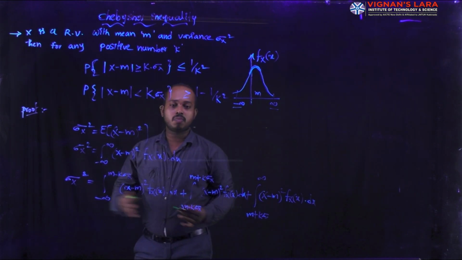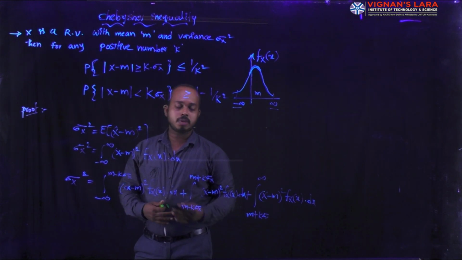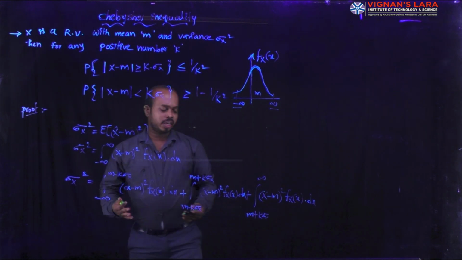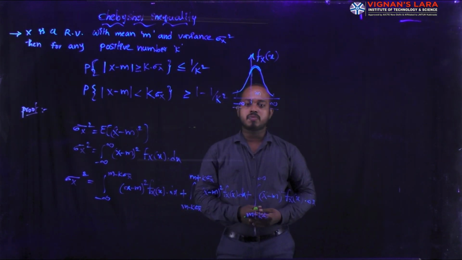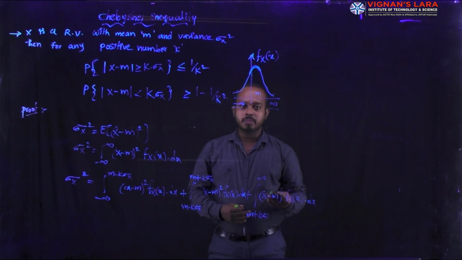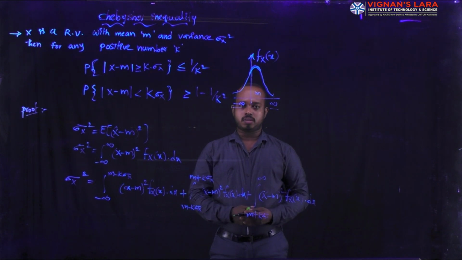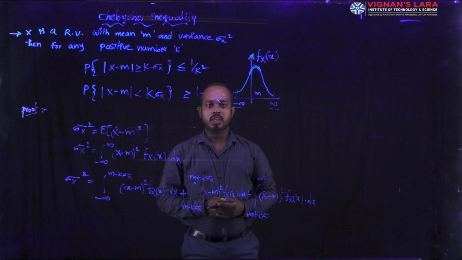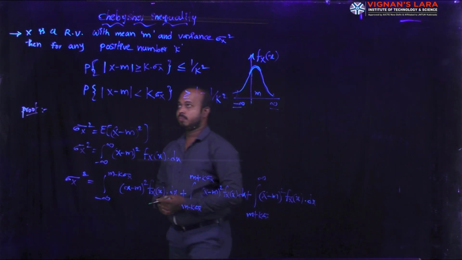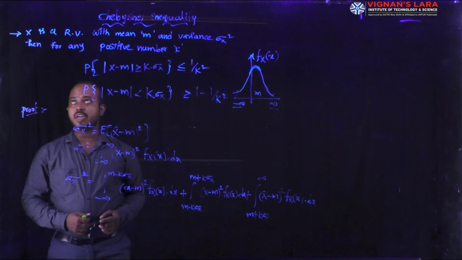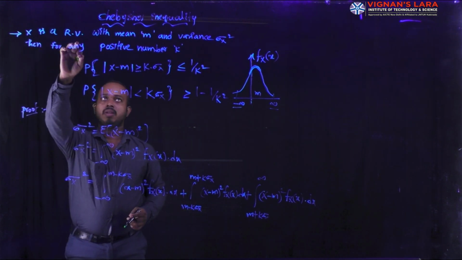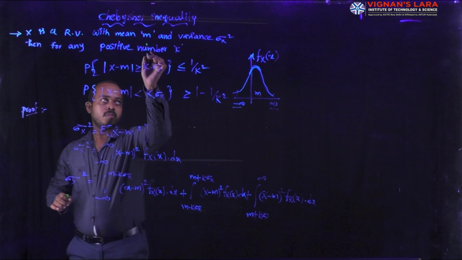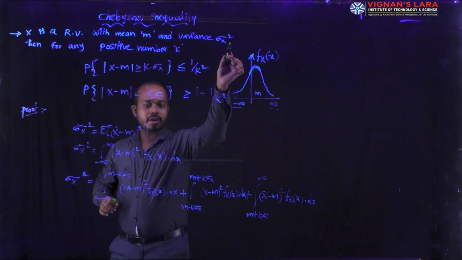But what is the definition of the Chebyshev inequality? Generally, you can consider any distribution function; it has a finite mean and finite variance. But when using the Chebyshev inequality, what is the statement? First of all, consider x is a random variable with mean m and variance sigma x square.